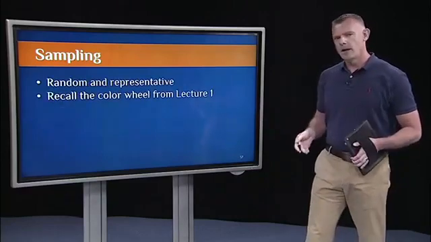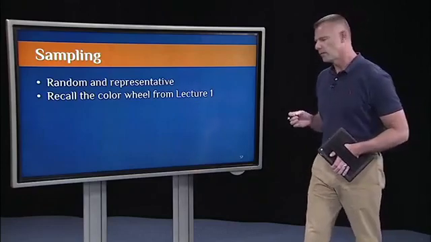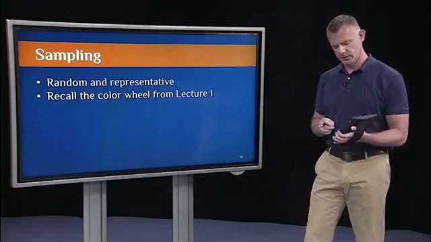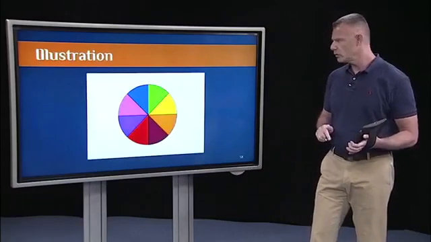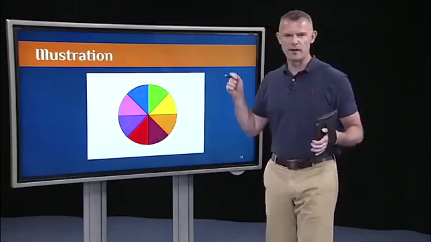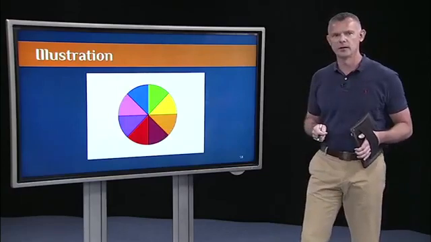So first, let's go back to the color wheel illustration from Lecture 1, where I demonstrated this idea of randomness. Again, assume we have this color wheel and we can spin it, we could play a game, we could make bets on the wheel landing on certain colors.